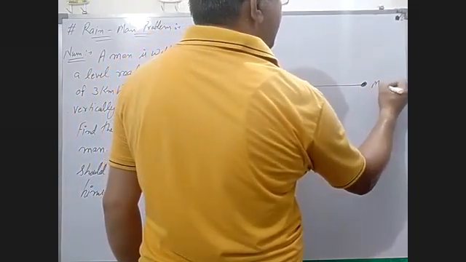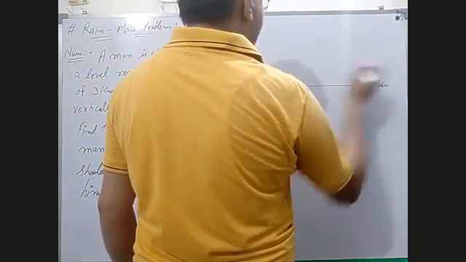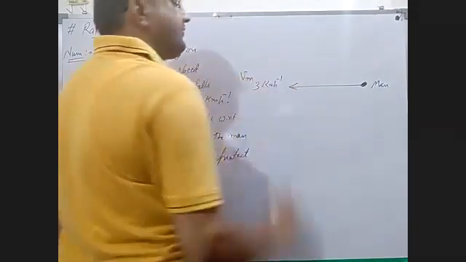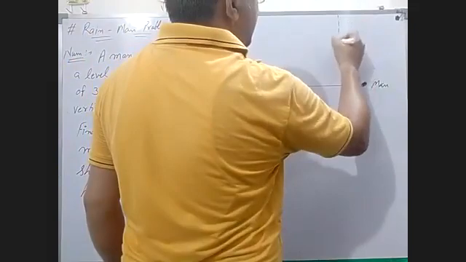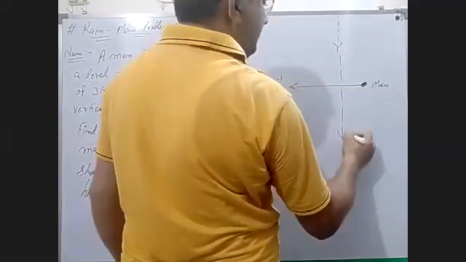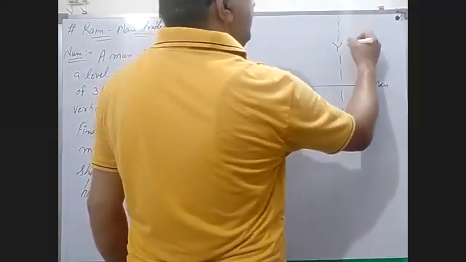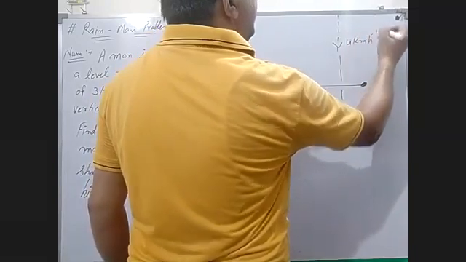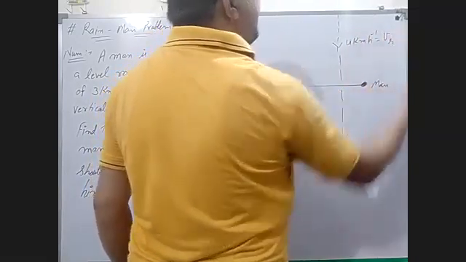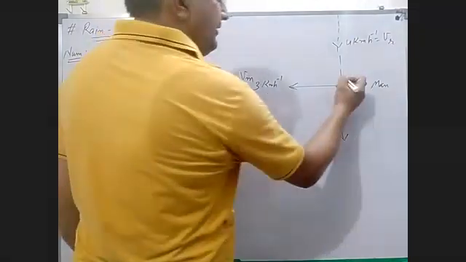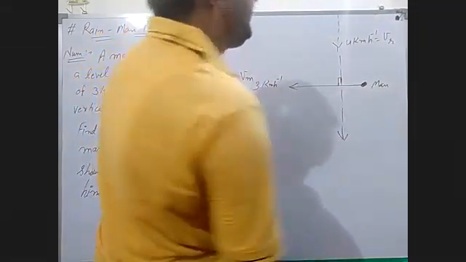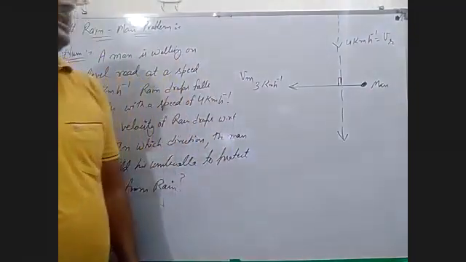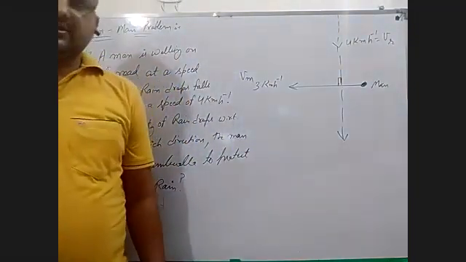This is the velocity of the man. But the velocity of rain is in this direction, falling, 4 km per hour. This is the velocity of rain. You can take here the angle is 90 degrees.